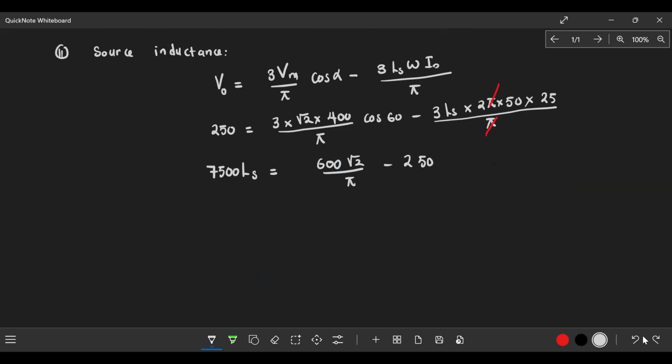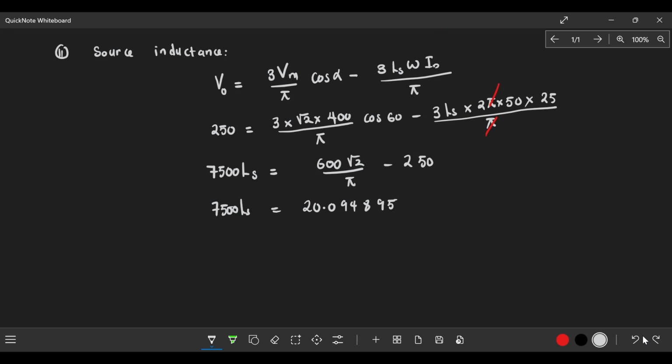So 600 root 2 over pi, minus 250. So this is about 20.094895.